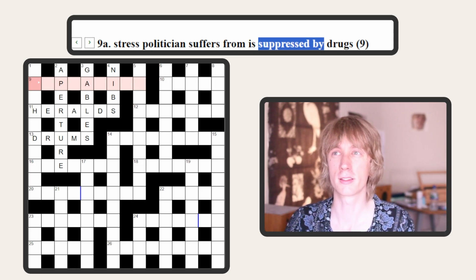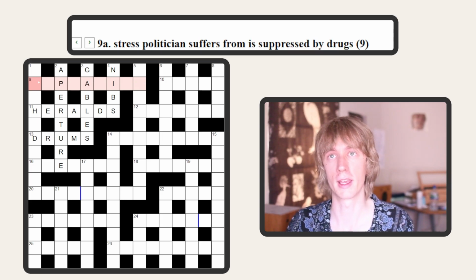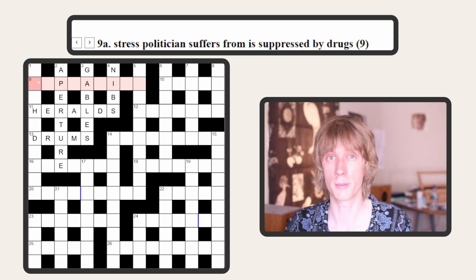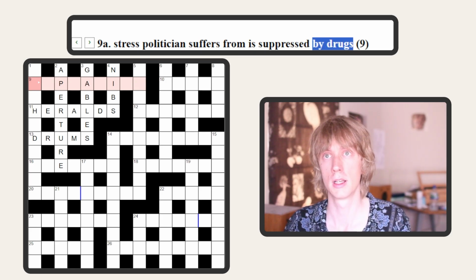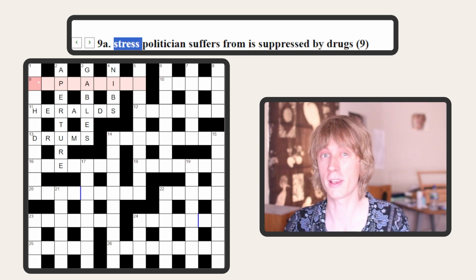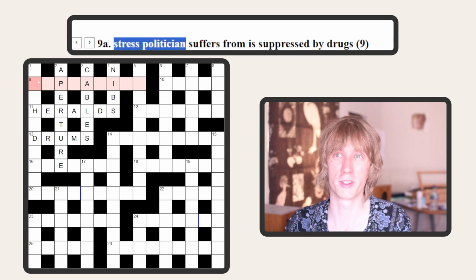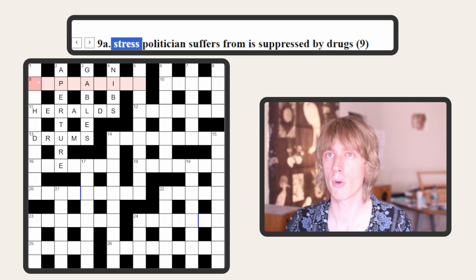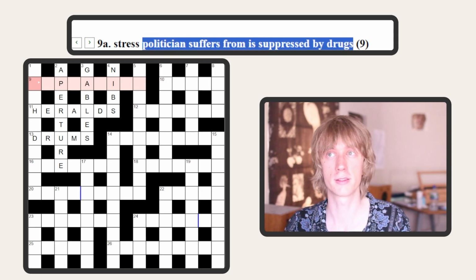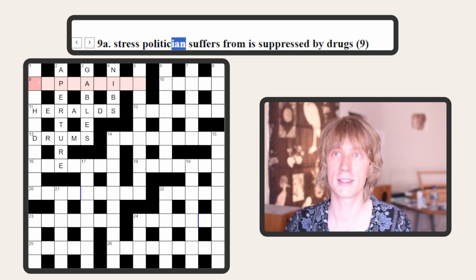So that tells us that very likely our literal is right at the beginning of the clue, right? Because drugs is, we think, part of the wordplay. And so stress is probably going to be our literal. Stress politician doesn't really seem to lead us to a word. So we're looking for a word that means stress, and we're going to get there through politician suffers from is suppressed by drugs.